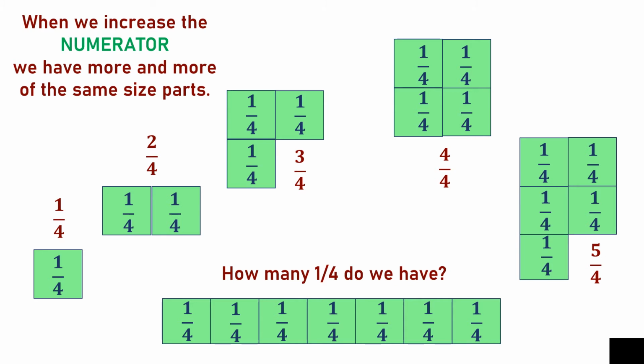We can have 1/4, 2/4, 3/4, 4/4, 5/4, or more. What we're counting up is fourths. As the denominator remains the same and only the numerator increases, we have more and more of the same size parts.